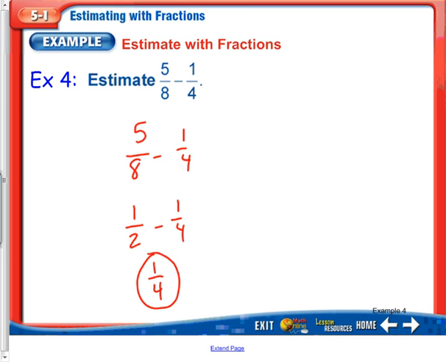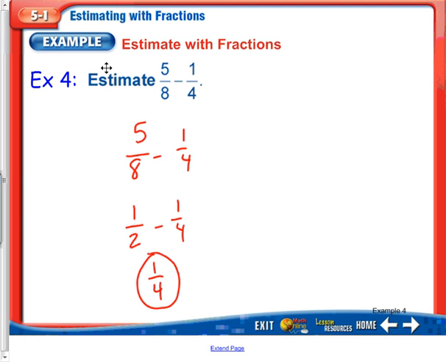Now that's actually a really close estimate because we didn't round one of the two numbers. Again, what you could think about is this is a half and this is 0, and you could do 1/2 minus 0 equals 1/2. That's also another option for you there.